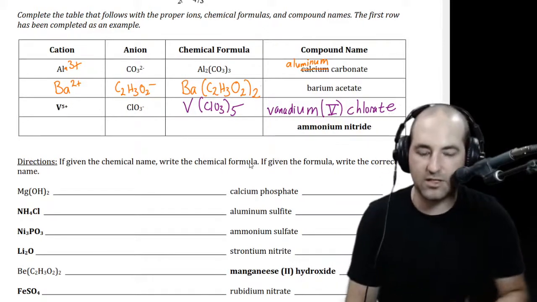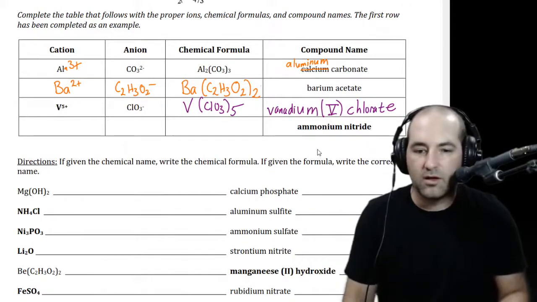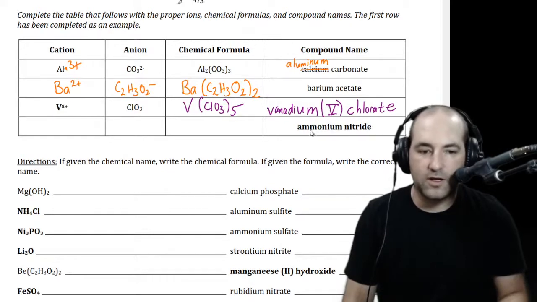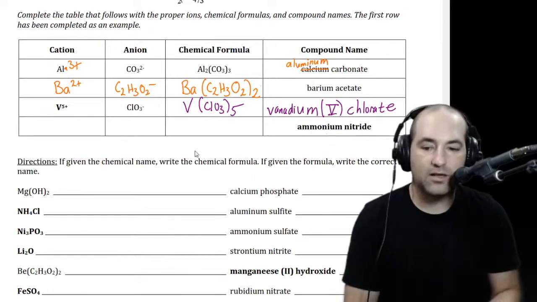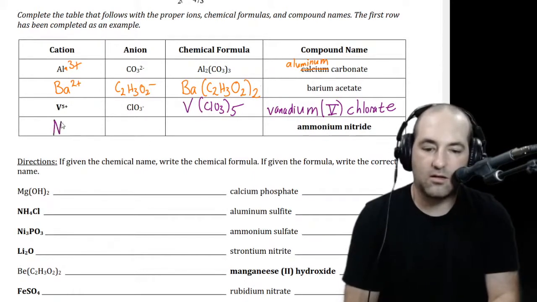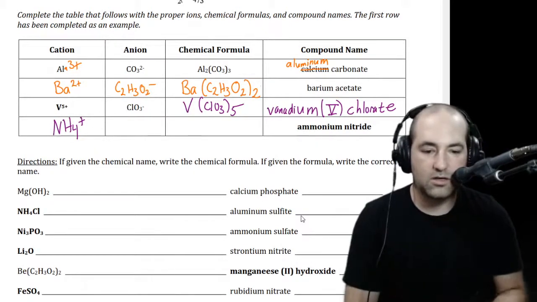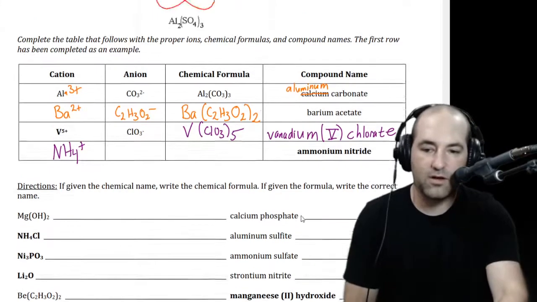All right. And then for the last one, the tricky thing here, it's not really tricky, but the thing that might throw you off is that ammonium is the polyatomic ion. So the cation here is NH4. Yeah, good question, Daisy. Chlorite. So be careful there.